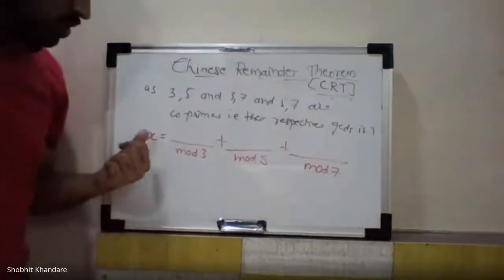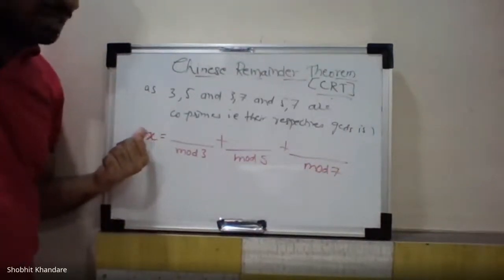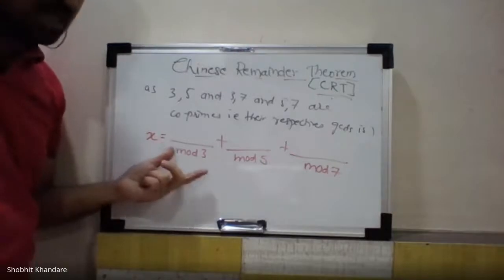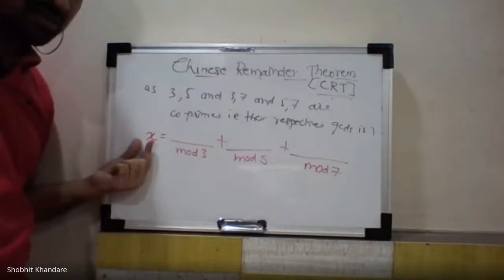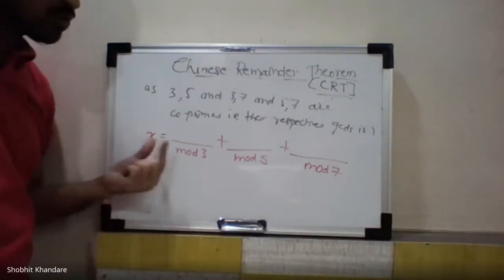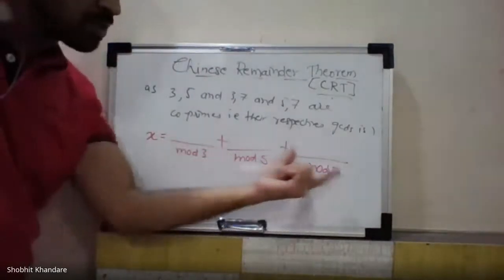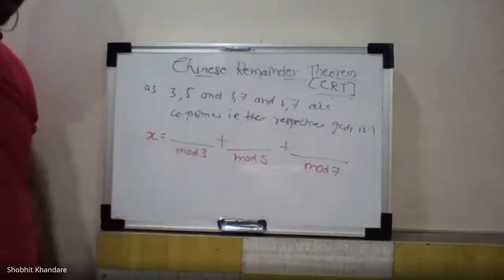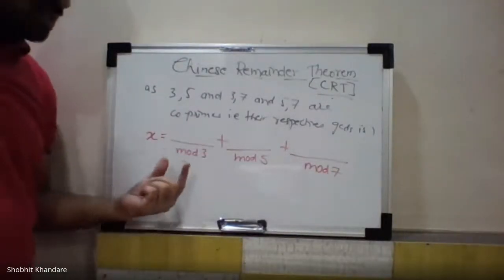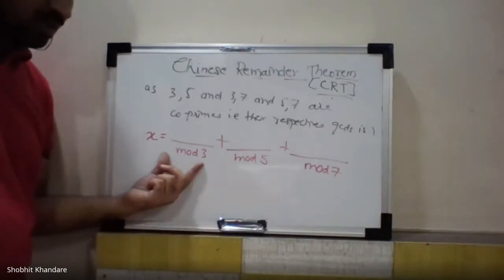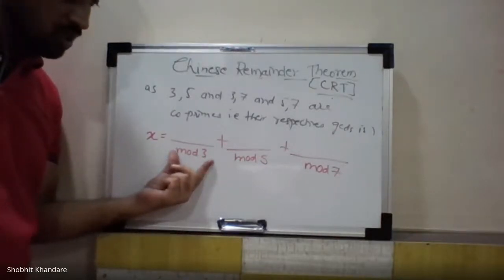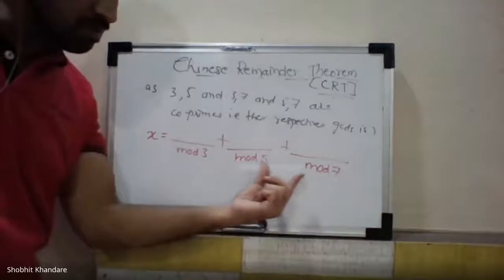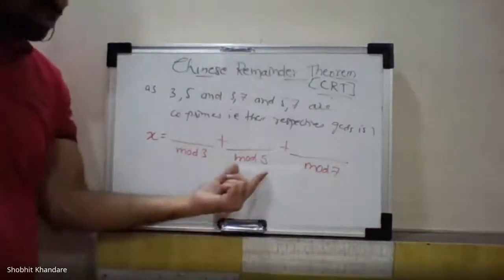So I will have the final answer in terms of this plus this plus this. Now whenever I have to consider this mod 3, pay attention to what I am saying: you have to neglect this term and this term.